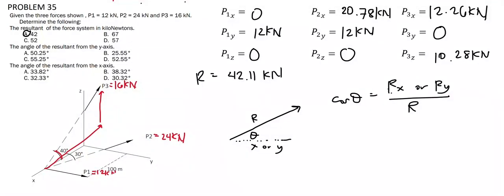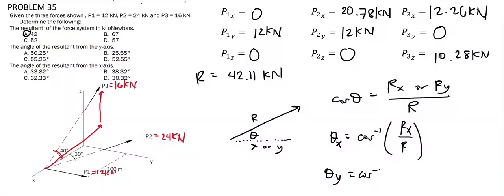So cosine theta equals the adjacent divided by the hypotenuse R. So theta is equal to inverse cosine of Rx divided by R, if you want to find the angle from the x-axis. And to solve for the angle of the resultant from the y-axis, we get the inverse cosine of Ry divided by R.